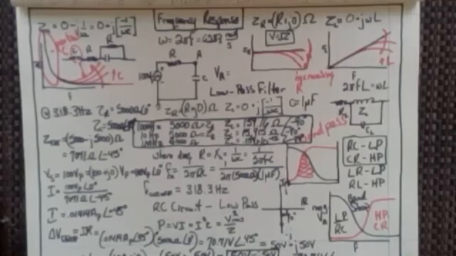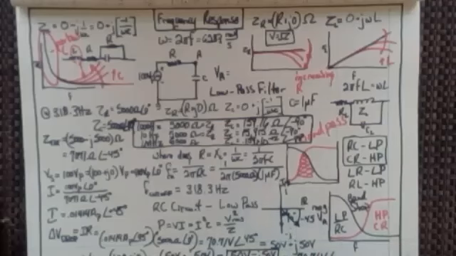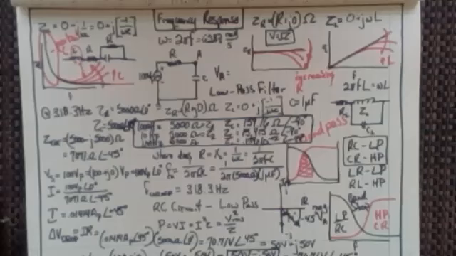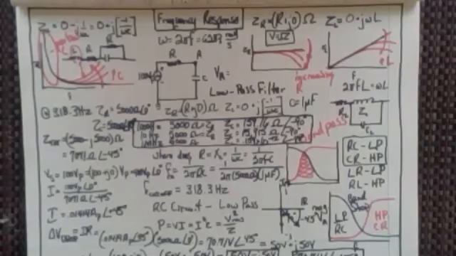Well, I got 50 volts going this way, but then I've got 50 volts going this way down here, don't I? So the angle is going to be minus 45 degrees. Minus 45 degrees. Does everyone see that? See how we got that?